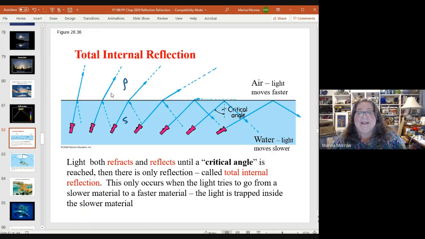What happens is that the angle of refraction gradually, as you keep tipping the light greater and greater, because this angle is larger than this one, then eventually it can go all the way to 90 degrees. And after that, it just reflects instead of refracting. And that's called the critical angle. So there's only reflection, whereas normally there's a little bit of reflection and a little bit of refraction for these.